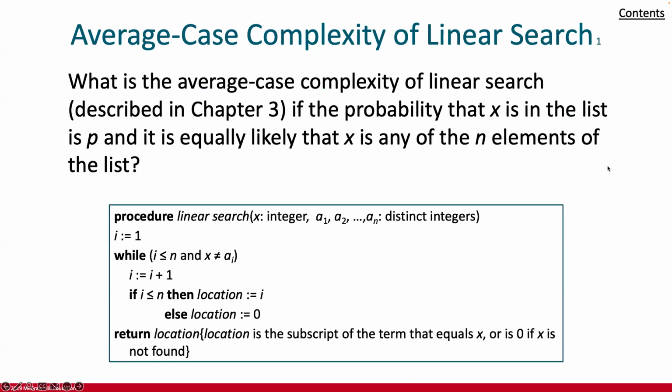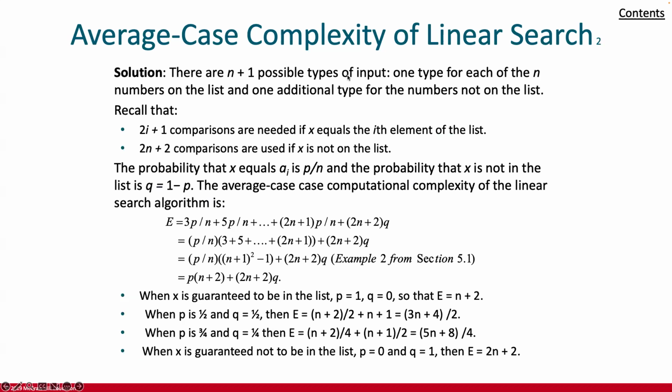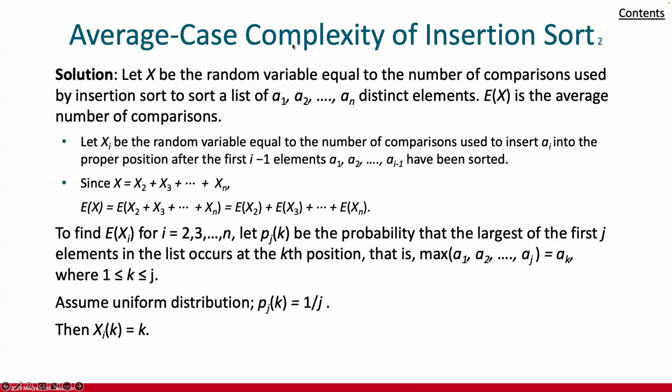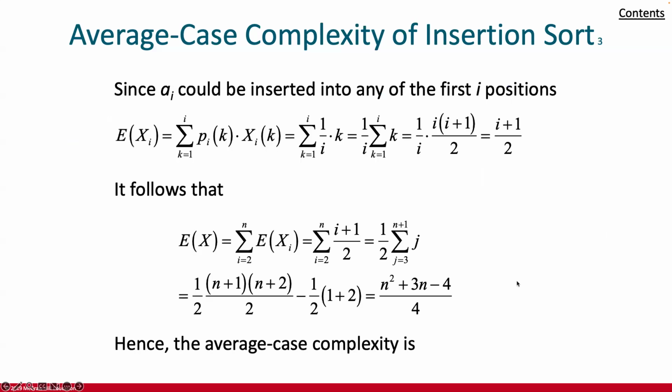We have the linear search, and we have the tools with which we can figure out the average case complexity. So we have two algorithms, and we can figure out the average case complexity as we're looking at this. Here it is for the insertion sort. A little bit more information on the insertion sort.